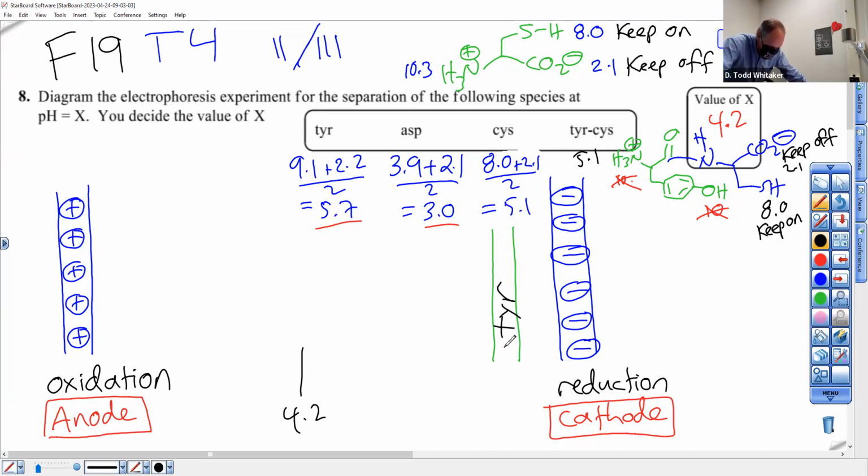So that was 1.5. Where's 0.9 in there? A little more than half, right? I'm thinking there. See what I'm doing here? Is this making sense? And that is the cis and cis and tier cis, because they have the same PI.